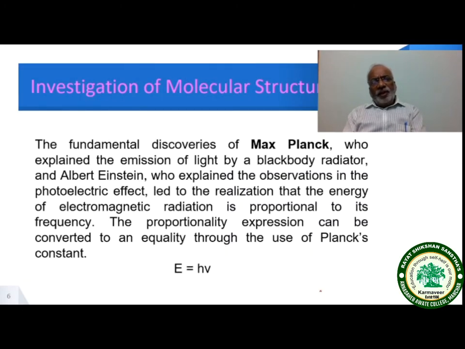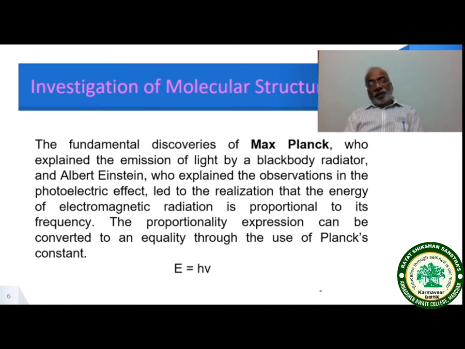Now this is the Max Planck equation. This is very important, and this is the basic equation of the quantum theory. In this equation you will find energy is directly proportional to the frequency of the electromagnetic radiations. It means if the frequency of electromagnetic radiations is smaller, the energy associated with the electromagnetic radiations is also smaller.